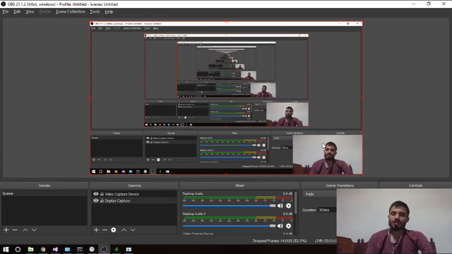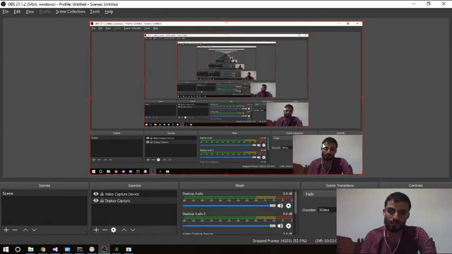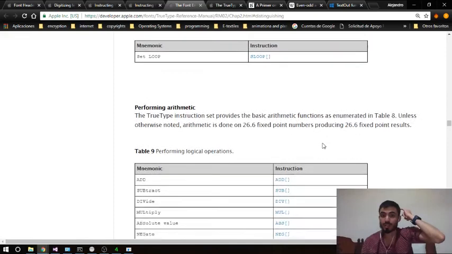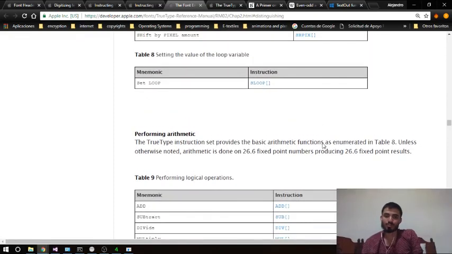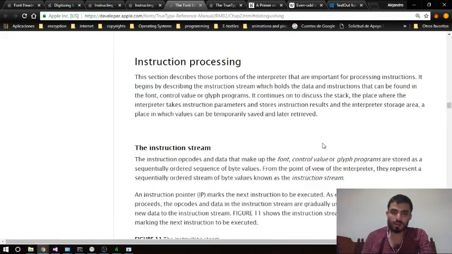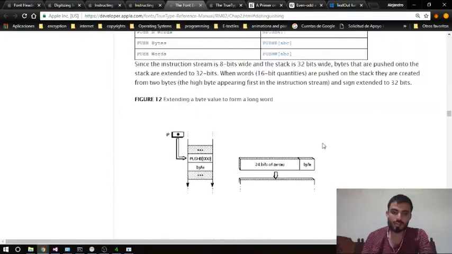Now that we have observed, not the whole TrueType, but at least a significant amount of understanding of how TrueType fonts work as a package, the whole route would be to literally parse the TrueType file, which I don't know how crazy it could be.